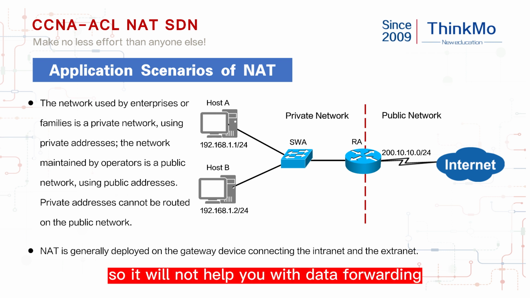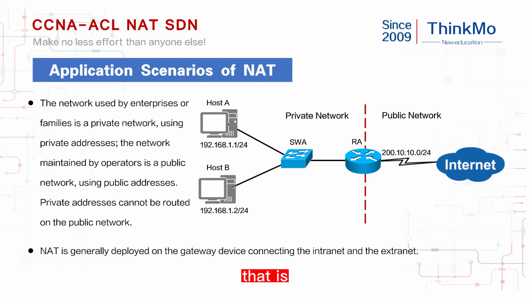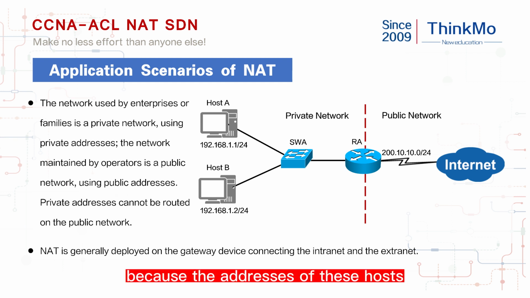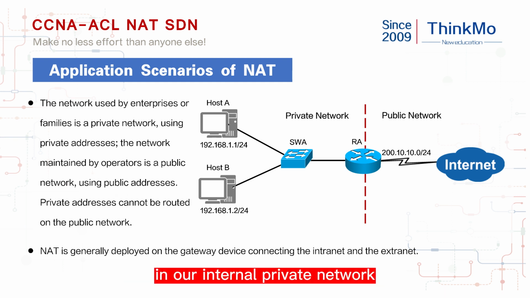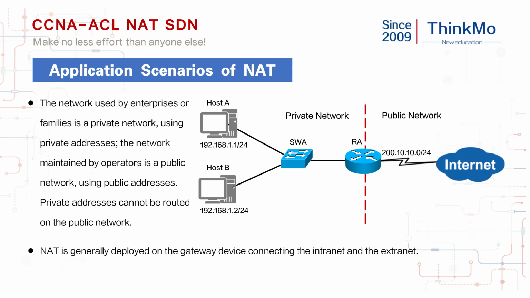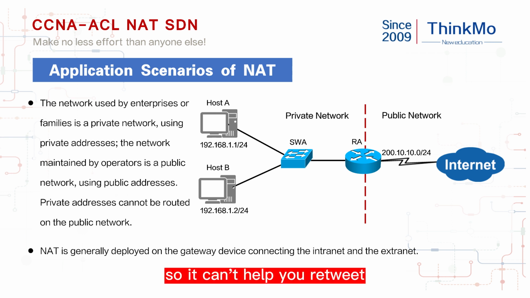So it will not forward the data. Because the addresses of hosts in our internal private networks overlap too much, the operator's forwarding would be confused. So it can't forward for you.